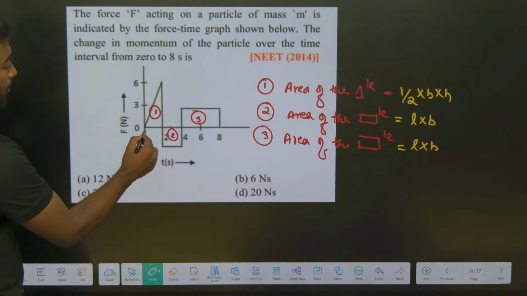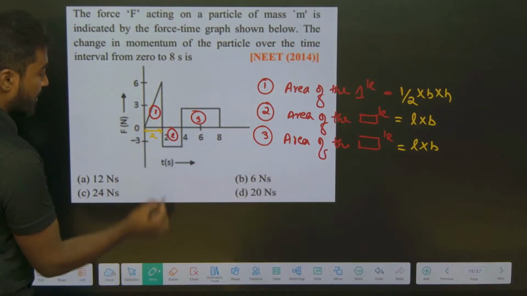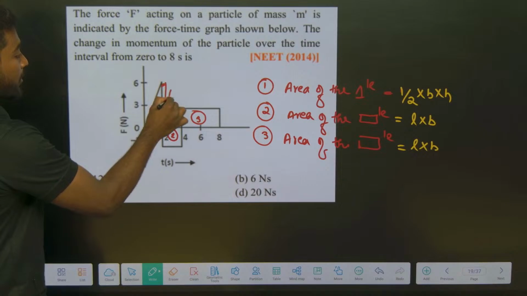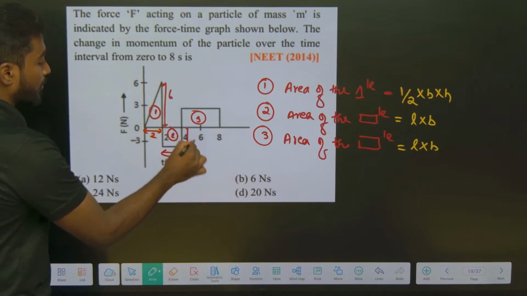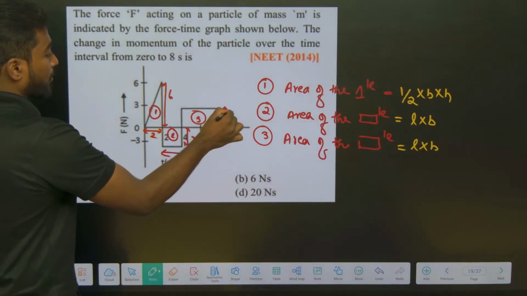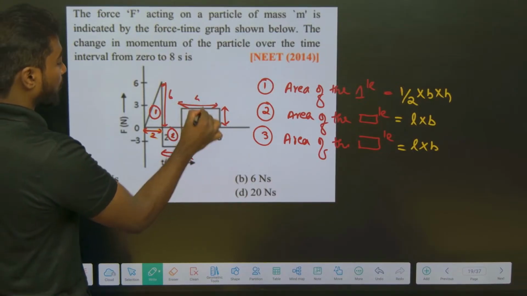So this is my 2, base is 2 here, and height is 6. Here base is 2 and the length is 3. Here the length and breadth is given, that is 2 to 4 and this is 3.